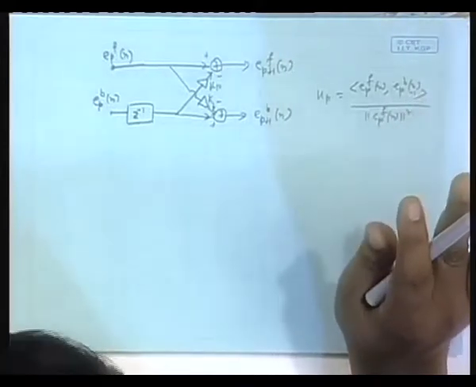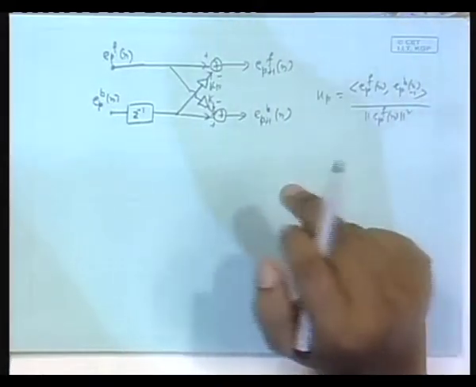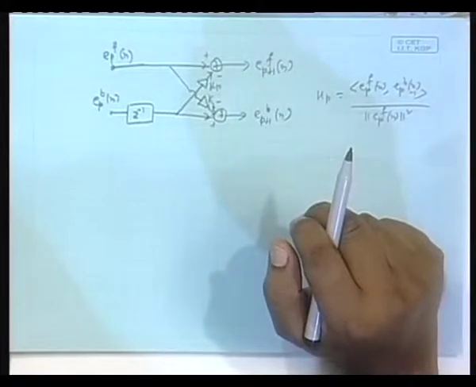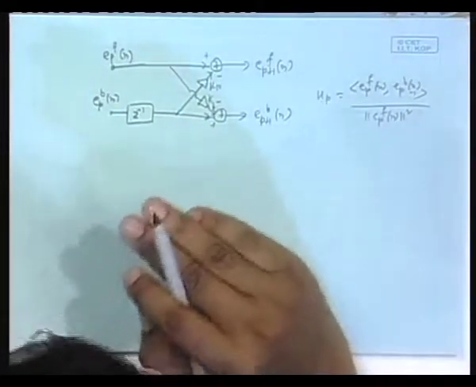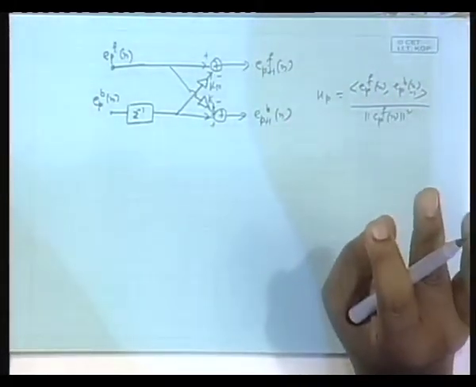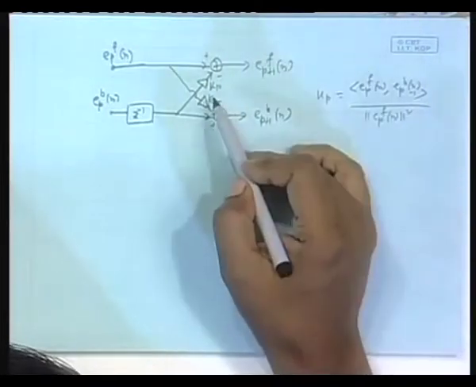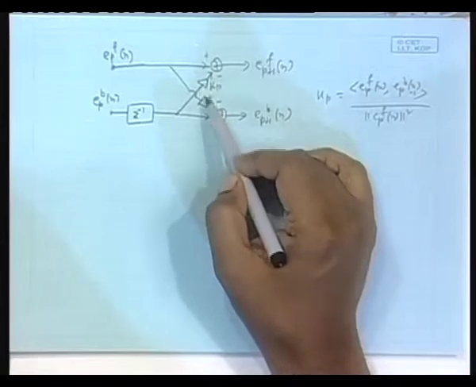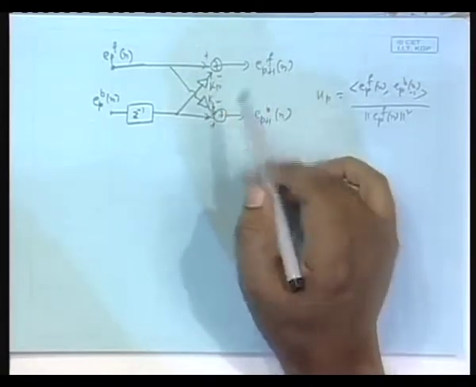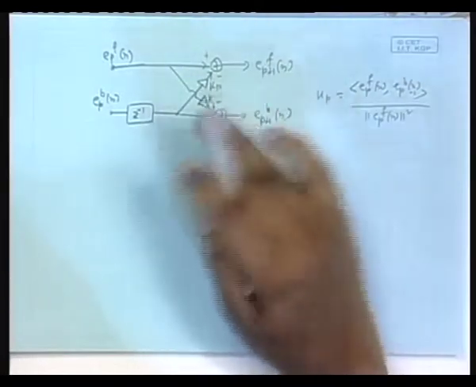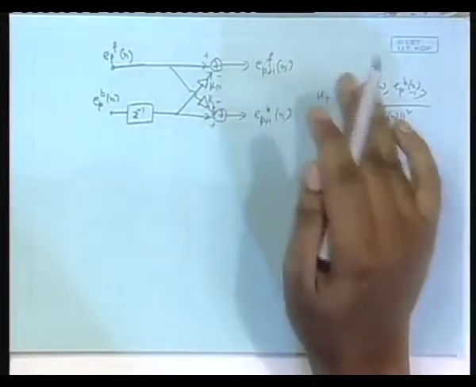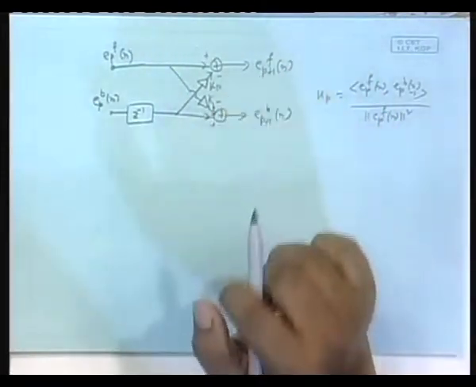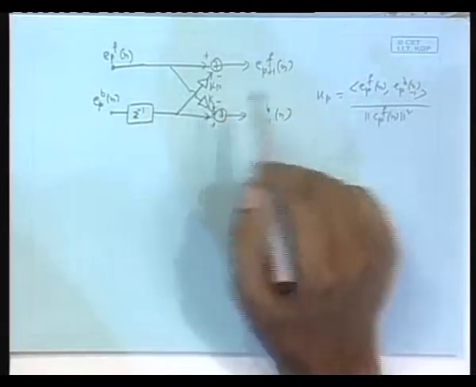But suppose you do not know those correlation values, or the statistics is slowly changing with time. Then you need a mechanism by which these multipliers learn their value, adjust, and adapt themselves with time, so that they learn from the data and adapt their values to the ideal Kp.